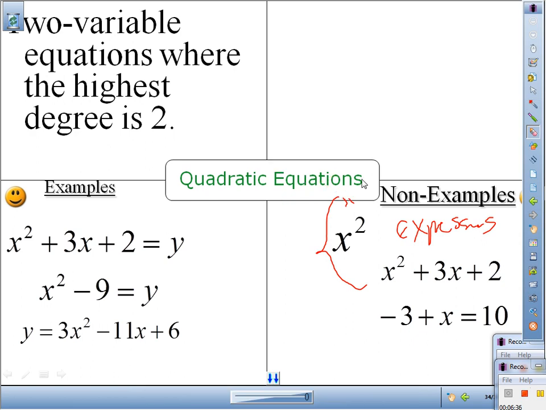All right. That means that this one is not because of y, Danica. It only has one variable. That's the only reason. It's missing the y, yes, that's one thing. Anthony?